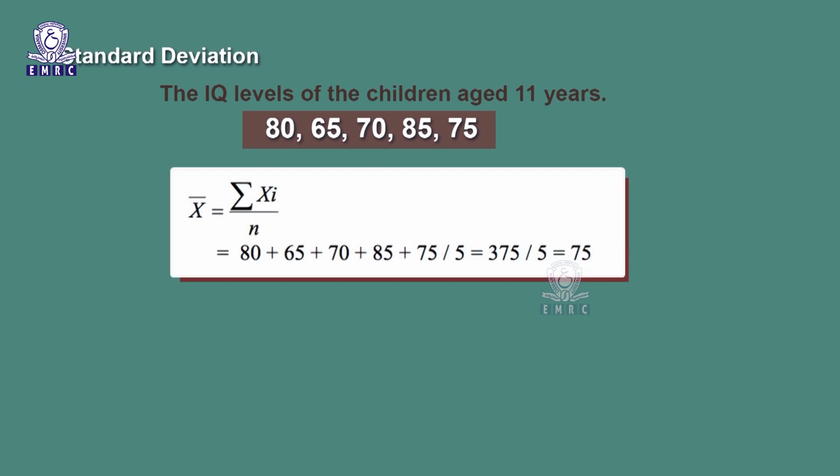X bar is equal to sigma xi by n, which is equal to 80 plus 65 plus 70 plus 85 plus 75 divided by 5, which is equal to 375 divided by 5, which is equal to 75. The mean score of the IQ levels of the children is 75.